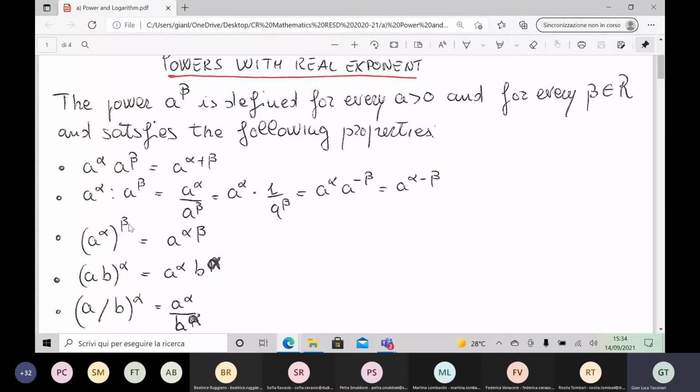This is called power of a power. And the result is a, the basis, raised to the product of the exponents. So only when you have a power of a power, you can do the product of the exponents. But when you have a power times another power with the same basis, you have to do the sum of the exponents. So here the result, when you have a power of a power, is a to the power alpha times beta.